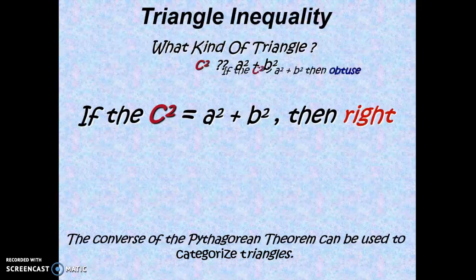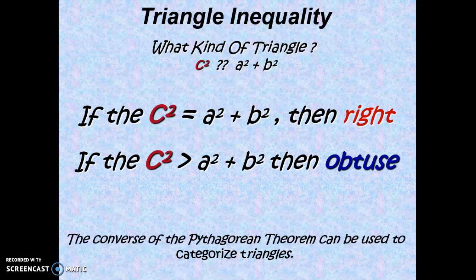We know that. But if c squared is bigger than a squared plus b squared, then we have an obtuse triangle. And that makes sense because c squared, the big side, is bigger, so our triangle is going to have a bigger angle, bigger than 90. That's obtuse.